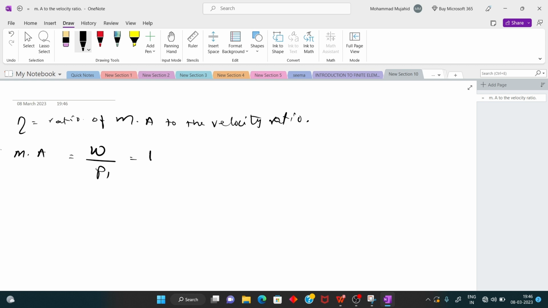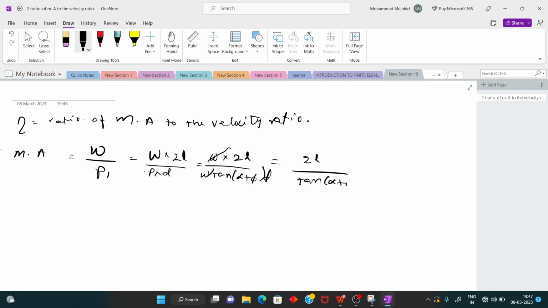From this, W by P1, you can write P into D by 2L, so 2L goes in the numerator. Then you can write it as W into 2L by W tan of alpha plus phi into D. W will get cancelled, giving 2L by tan of alpha plus phi into D.